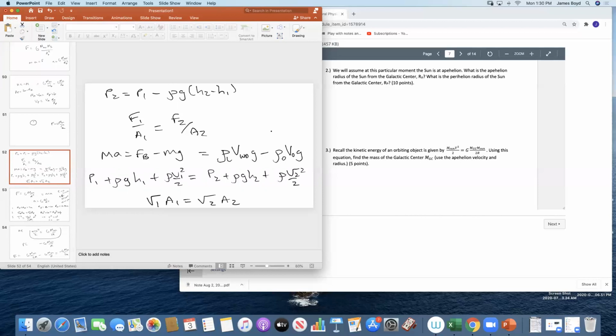So if you drop, H2 would be negative and H1 would be, I don't know, more positive. And if you went up, H2 would be greater than H1, I guess I should have said. As you go up in the air, the pressure goes down, right? And as you drop below the ocean, the pressure increases. So if this is a negative and it's greater than H1, then this whole term becomes positive. Just know how to read that equation and what that equation is telling you.